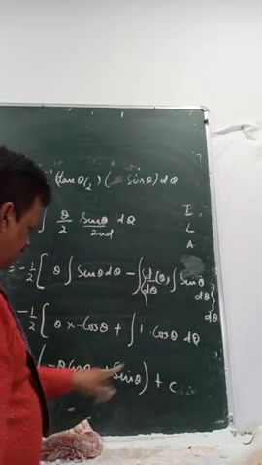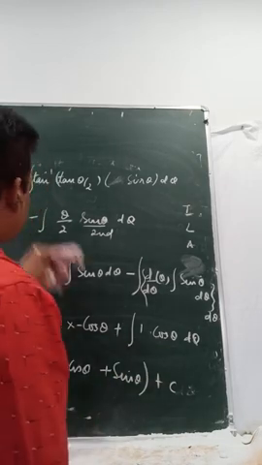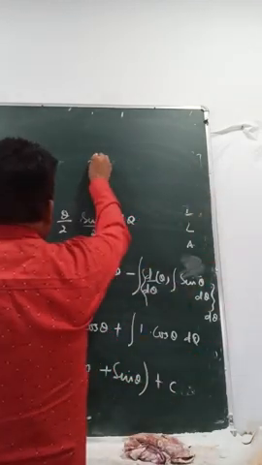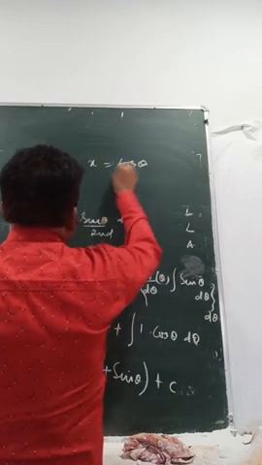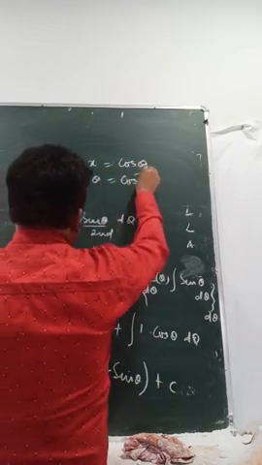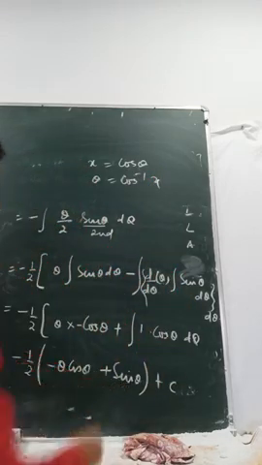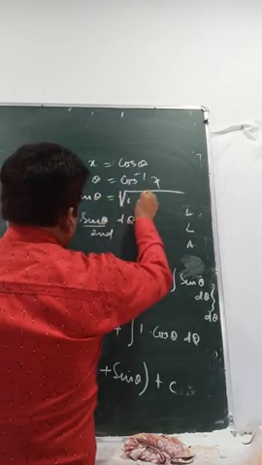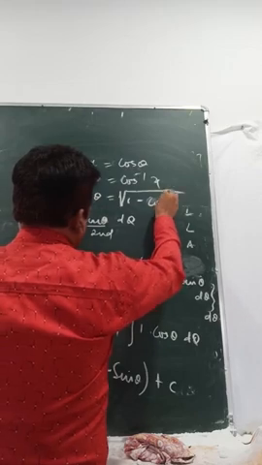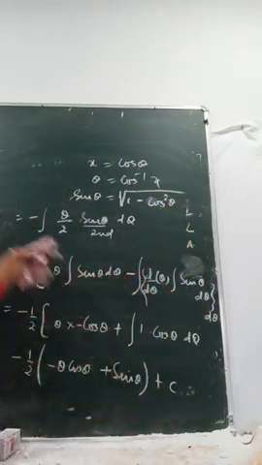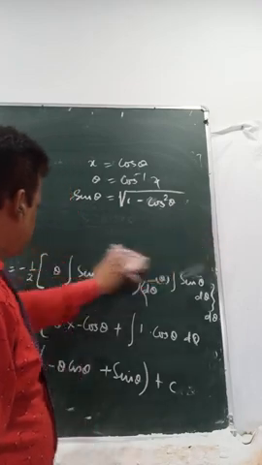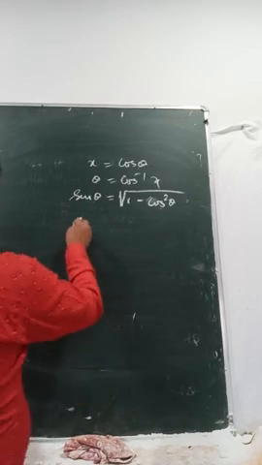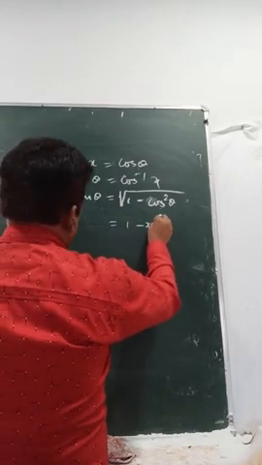Now what is your substitution? X is equal to cos theta. That means theta is cos inverse x. But what about sin theta? It is root of 1 minus cos square theta, so it will be root of 1 minus x square.